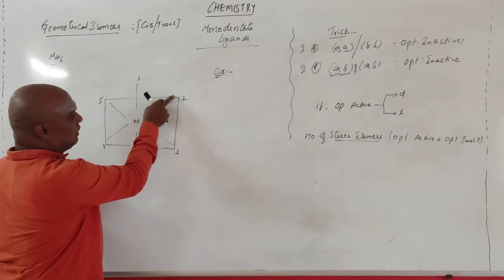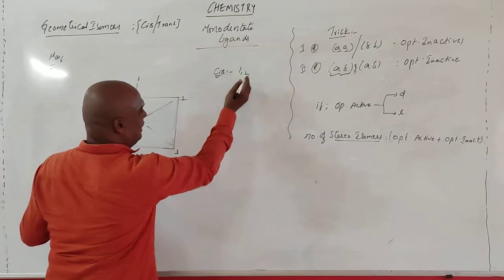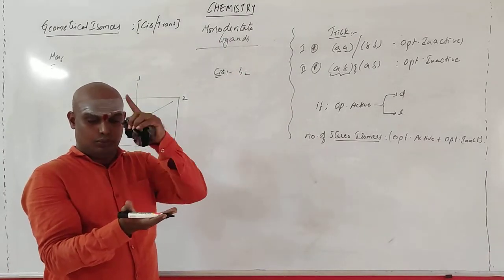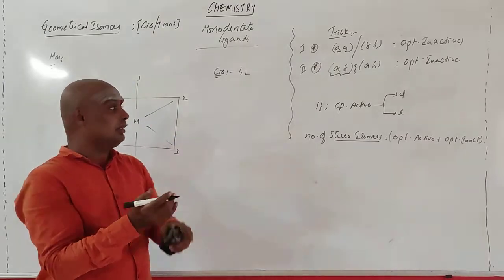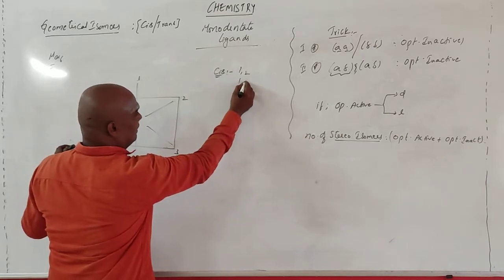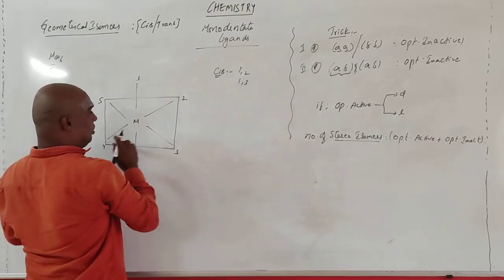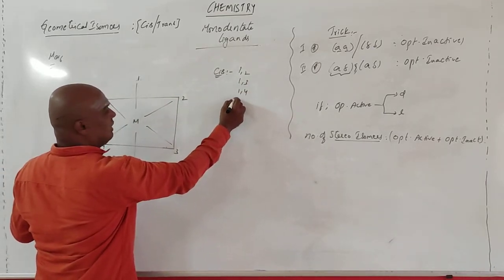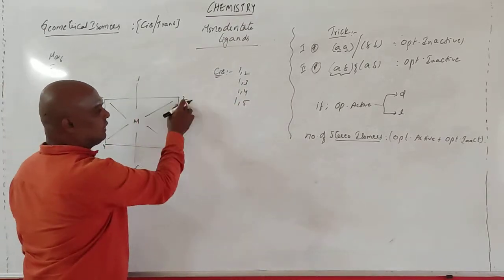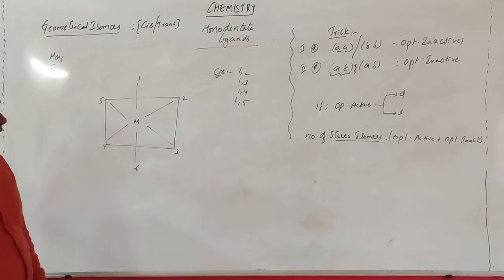See, this is the square. Above you are having 1,2, 1,3, 1,4, 1,5. These are 6 conditions.